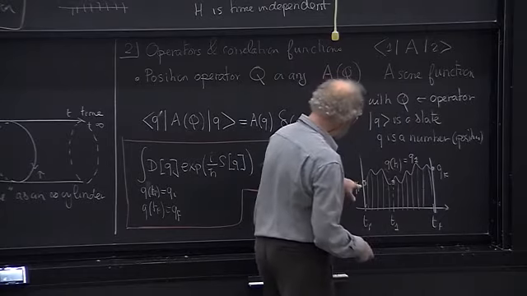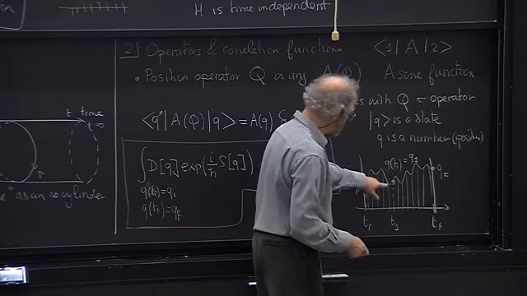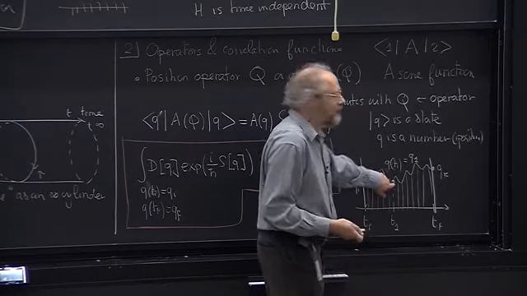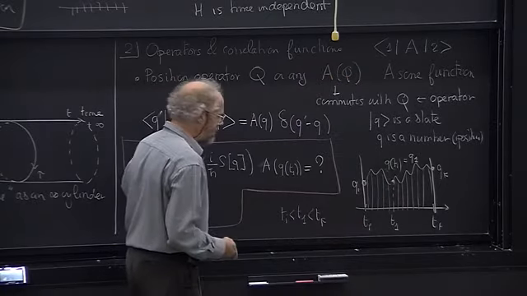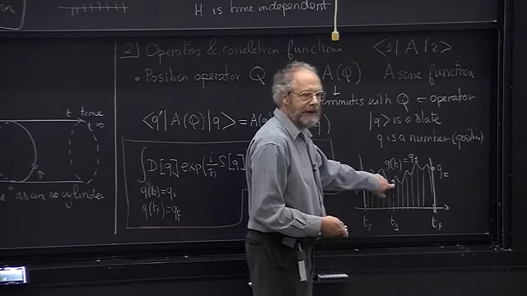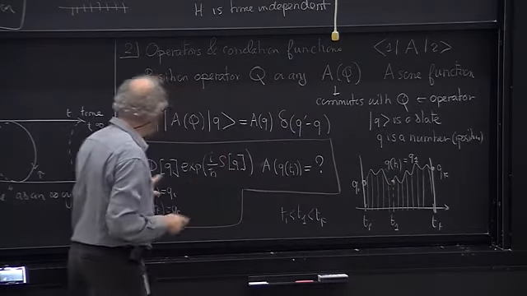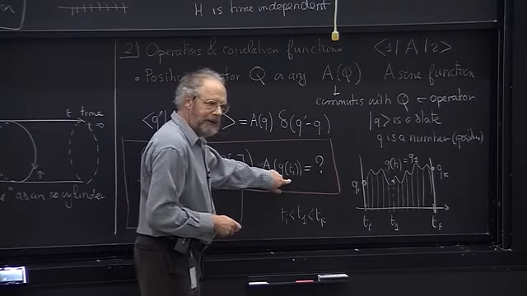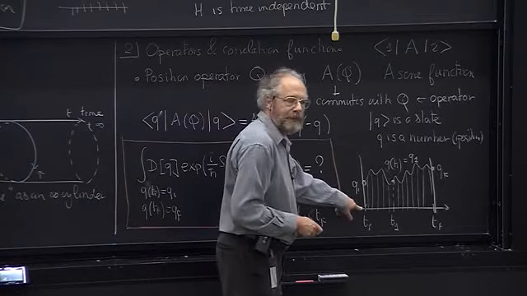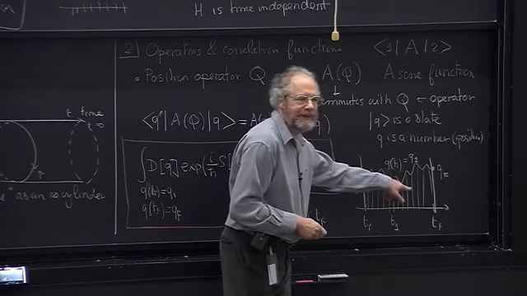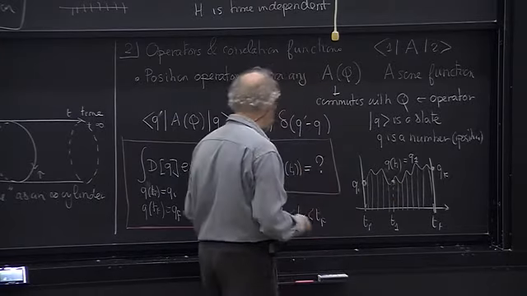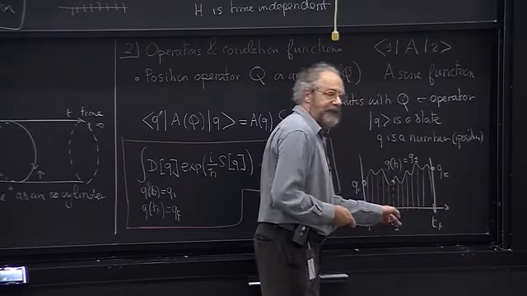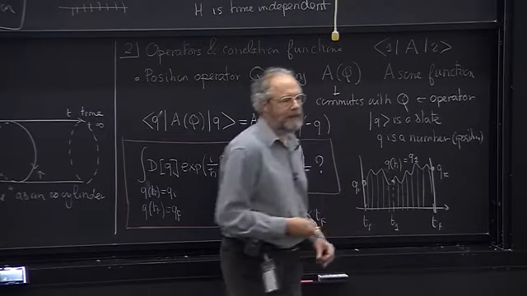So when you sum over histories, you sum over all the possible positions during the history, including Q of T1. It's nothing special in the measure. And nothing is special with respect to Q of T1. Simply, you weight the integration of Q of T1 by this function A of Q of T1, while it's not weighted by a special weight for the other Qs. You just change the weight of integration of a Q at the specific time T1. Okay?